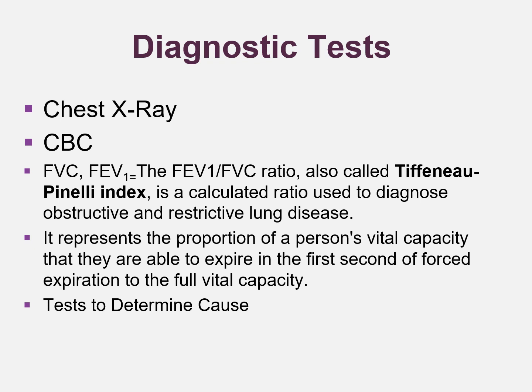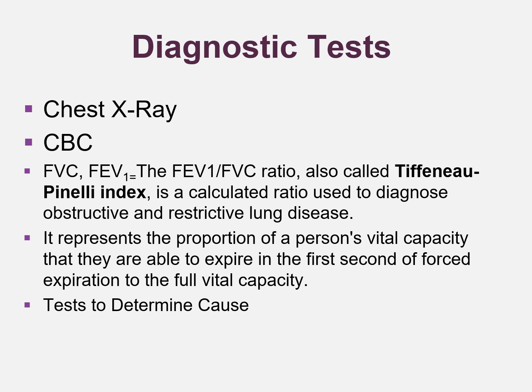So it's looking really at how the person's ability to expand and contract those lungs is working. It really represents the portion of a person's vital capacity that they are able to expire in the first second of forced expiration to the full vital capacity.